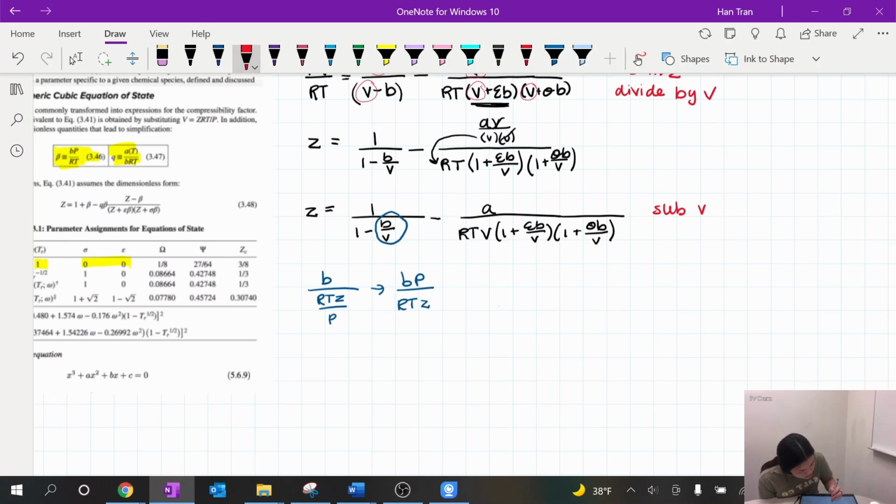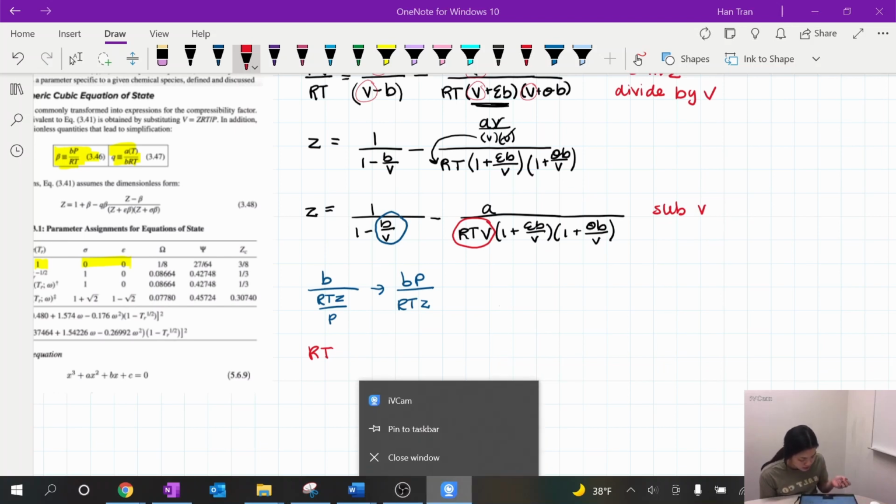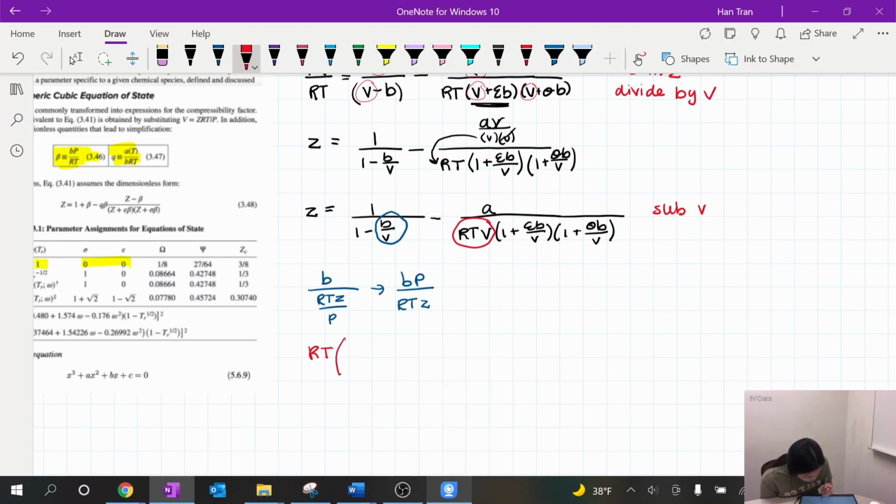Moving on to the next V we have here, we are going to have the gas constant R times temperature times V, but in terms of the compressibility factor. So that's going to be the gas constant R times temperature times the compressibility factor divided by pressure. That's going to give us the gas constant R squared times the temperature squared times the compressibility factor divided by the pressure.